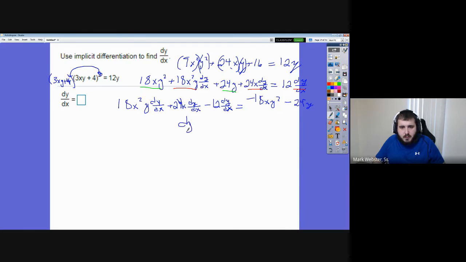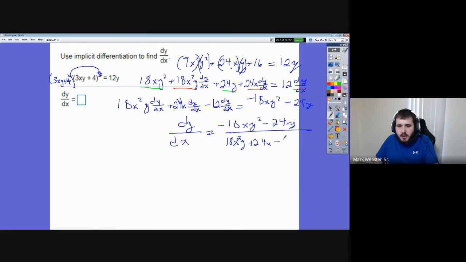We've got dy over dx equals negative 18xy squared minus 24y all over these three: 18x squared y, oh, my bad, plus 24x minus 12.